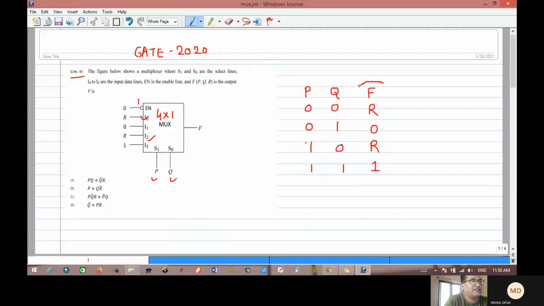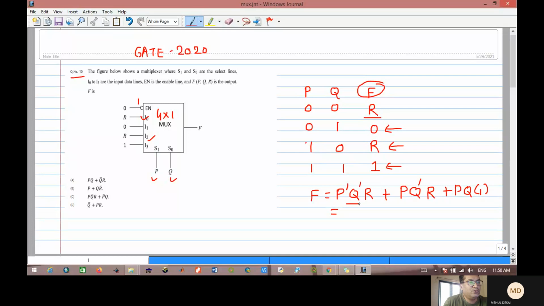Now we have to develop the Boolean expression of this F. So F is nothing but R when P dash and Q dash, so P dash Q dash into R, plus, here it is 0 so it is not required, here R, so P Q dash into R. Similarly, plus we get 1 when P and Q are both 1, so it is nothing but PQ.